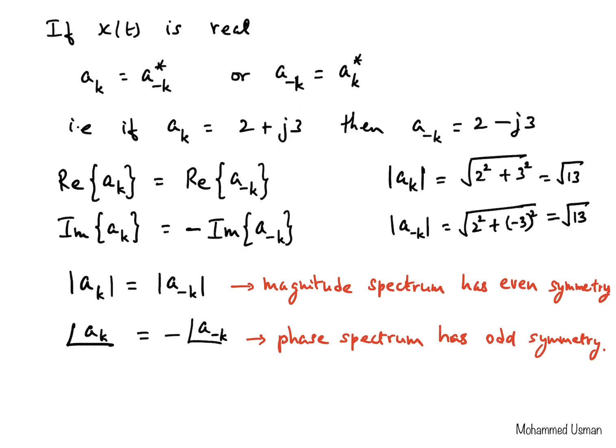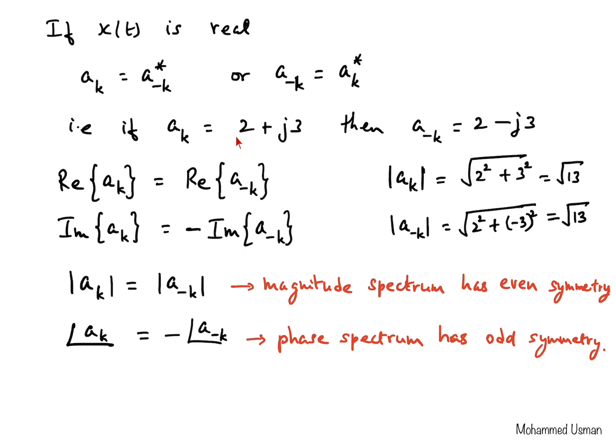Similarly, we notice that the imaginary parts of AK and A minus K have opposite signs. Here it is plus 3 and the imaginary part here is minus 3. So the imaginary part of AK is equal to the negative of the imaginary part of A minus K.